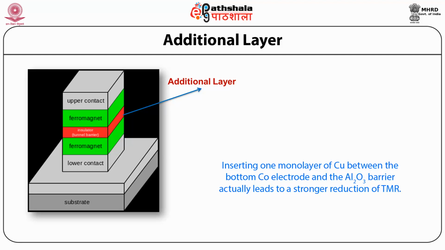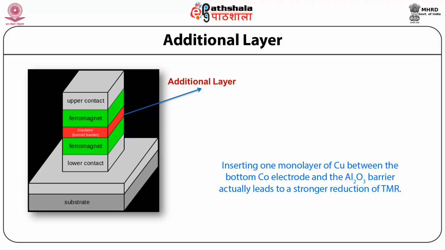If multiple scattering occurs between cobalt, copper and copper alumina interfaces, the minority electrons would form a resonant quantum well state in the copper layer, resulting in the oscillatory behavior of TMR.